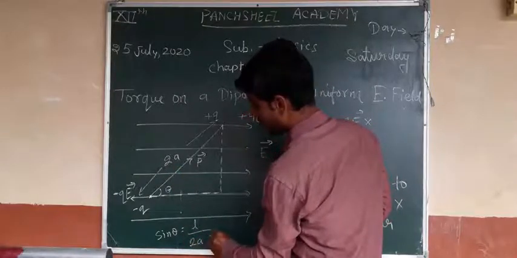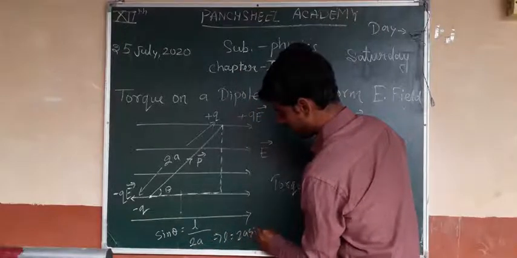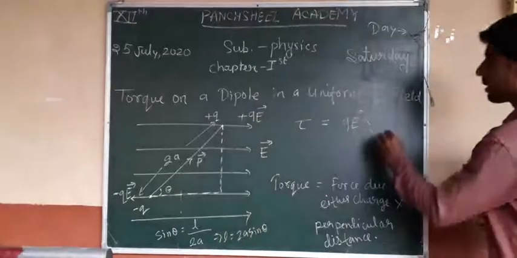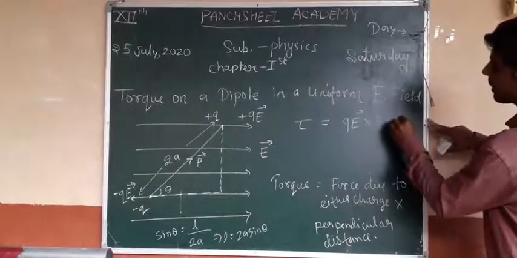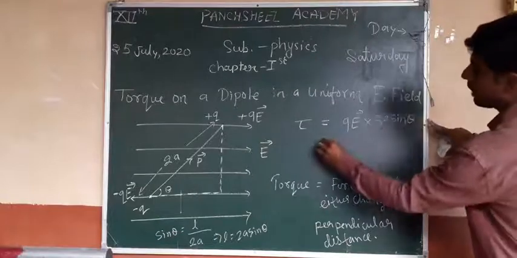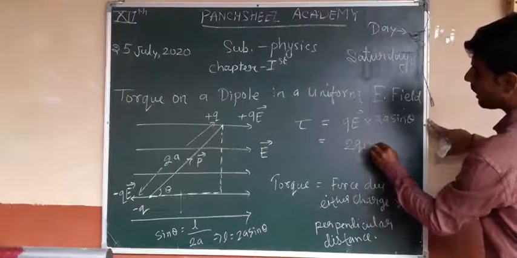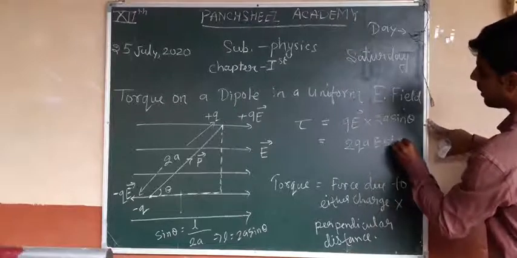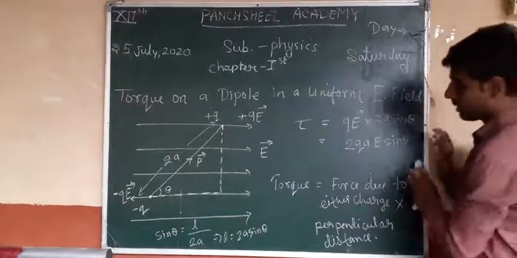So the value of L is 2a sine theta. So I write here perpendicular distance is 2a sine theta. Then tau is 2QAE sine theta.